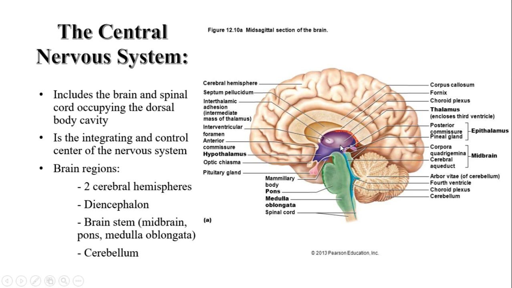We'll get to that probably in part 3 of the recordings. Then the brainstem, colored in green here, consists of your midbrain, your pons, this little bump right here, and then the medulla oblongata right here. And last but not least, the cerebellum here.